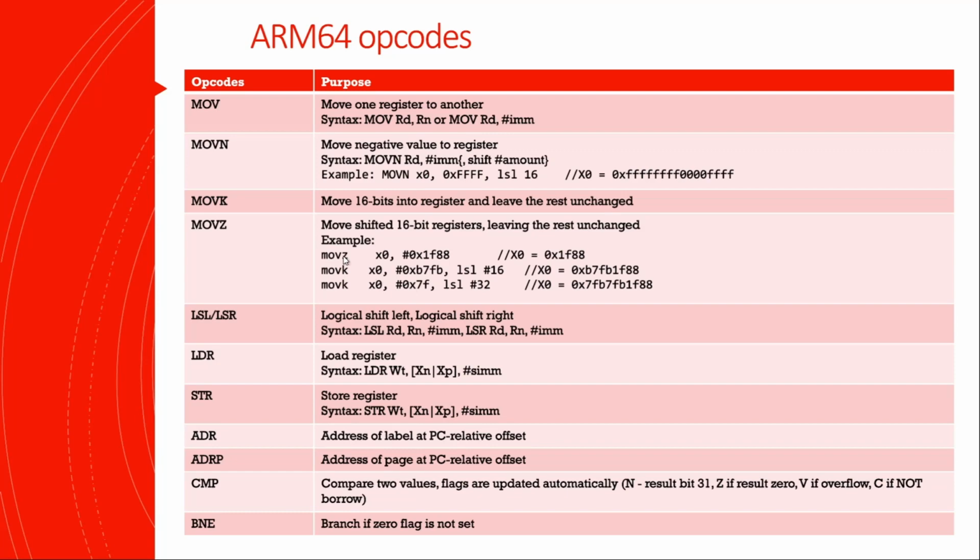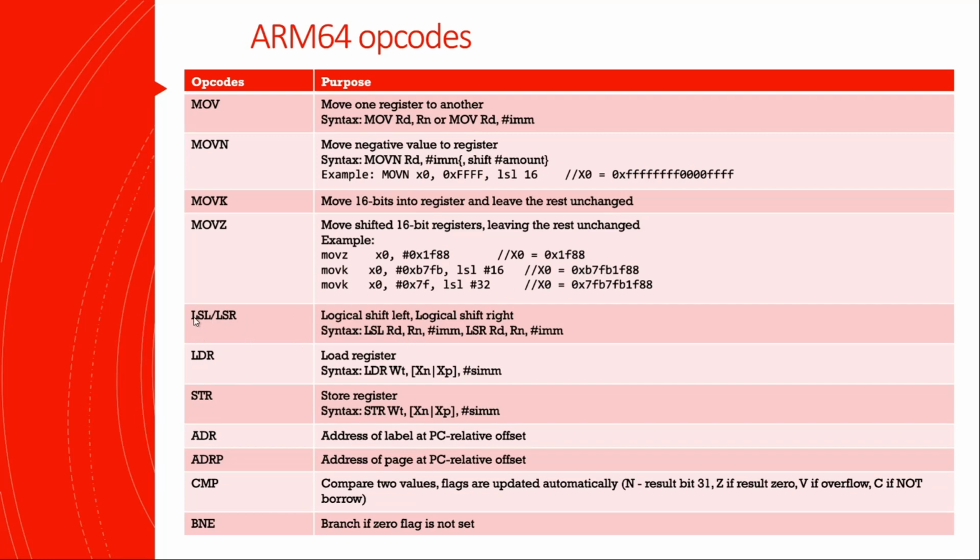First we will perform the move z instruction on 0x1f88. This will move this value into the x0 register and fill the remaining bits with 0. Then the move k instruction will move these 16 bits into the x0 register, and since it will not change the remaining bits, finally we will get this value in the x0 register.